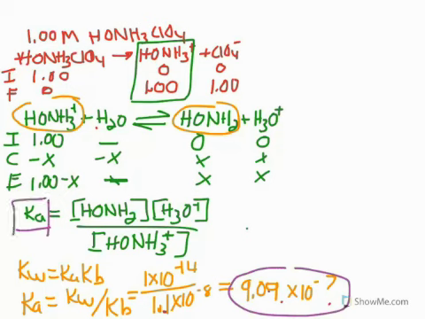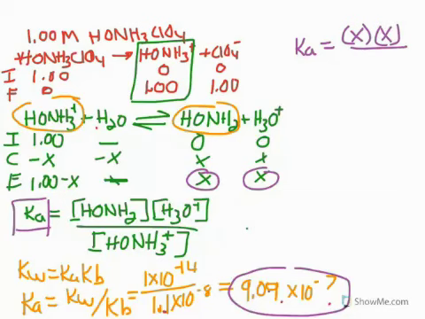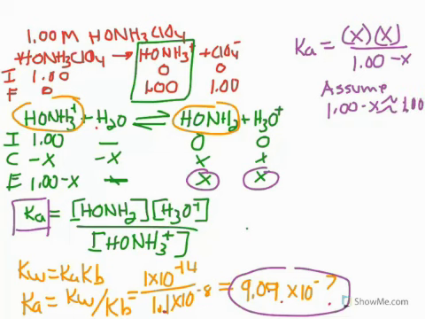So now I plug in values. Ka is equal to x for HONH2 and x for H3O plus divided by 1.00 minus x. You guessed it, assume 1.00 minus x is approximately equal to 1. So Ka becomes x squared over 1.